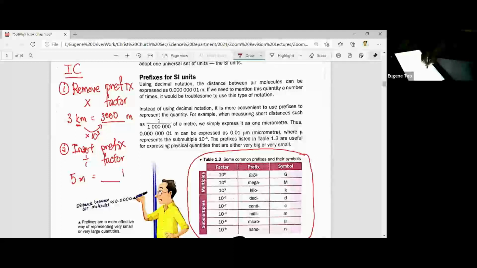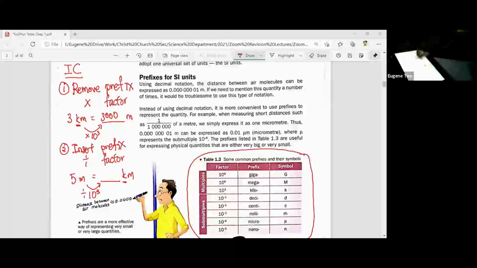Let's convert it to kilometers. Can you see that from no prefix, just meter alone, we're now going to add kilo. So kilo is the prefix we're inserting. In this case we will divide by 10 to the power 3, because to insert, you divide, and the factor for kilo is 10 to the power 3.